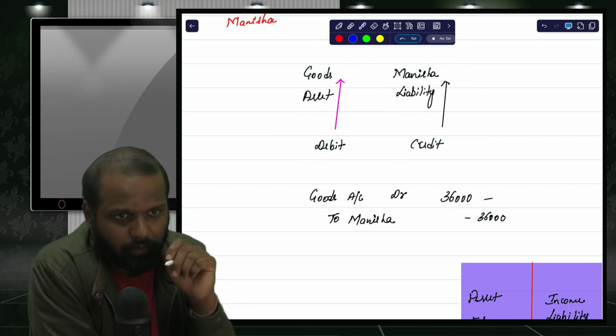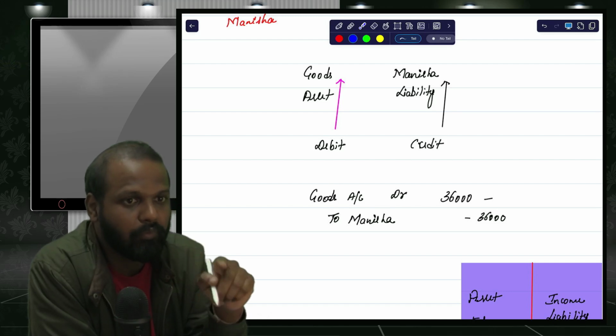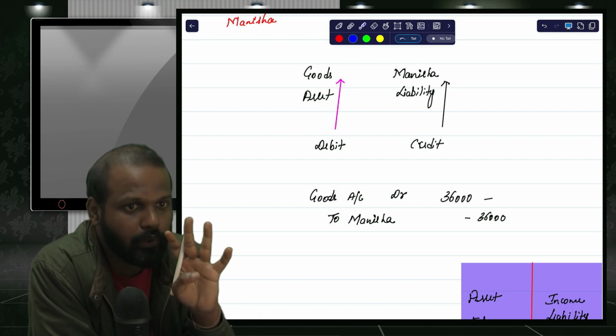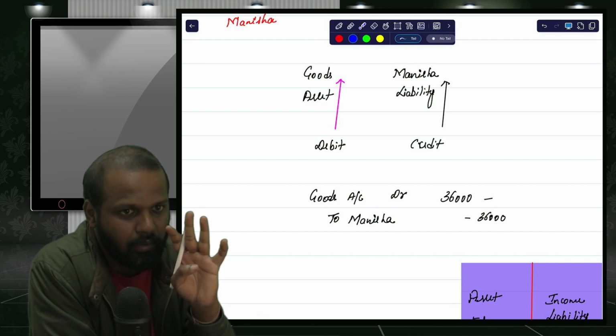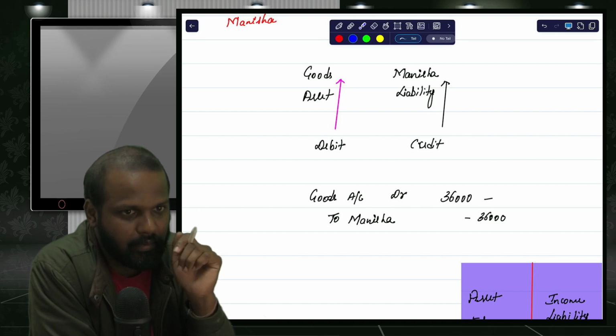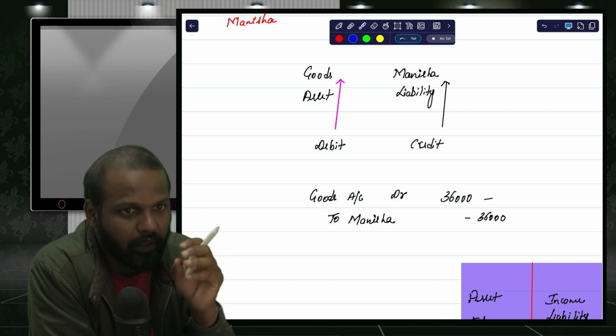We discussed one more thing. If there is any transaction relating to goods, you cannot write the name called goods or name of the product. Instead of that, you have to write any of the four suitable names. So we discussed that whenever you buy the goods from the supplier, we have to write a name called purchase. We are buying the goods from Manisha, supplier of the goods.